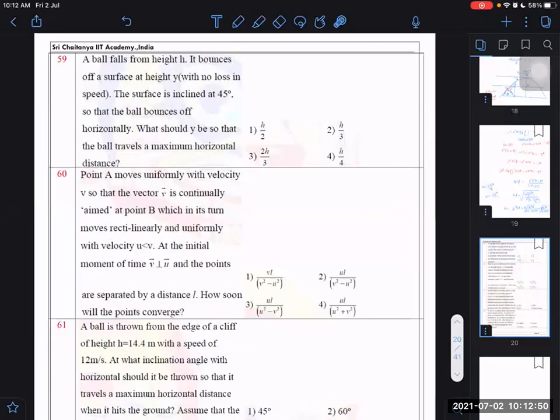Inclined plane based question, but they are not asking maximum range on the incline. They are asking maximum range after striking, it becomes horizontal. Then the range should be maximum.